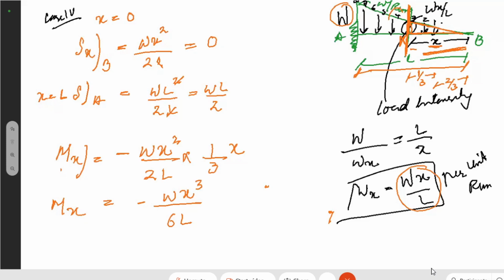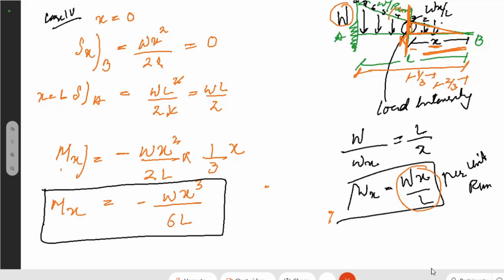Whenever you calculate your moment with regard to the uniformly varying load, the centroidal distance should always be from x, and for uniformly distributed load also, the centroidal distance should be from x. Okay, sir. Here again, in both the cases we have calculated it from x. Now this is the moment equation for this uniformly varying load.